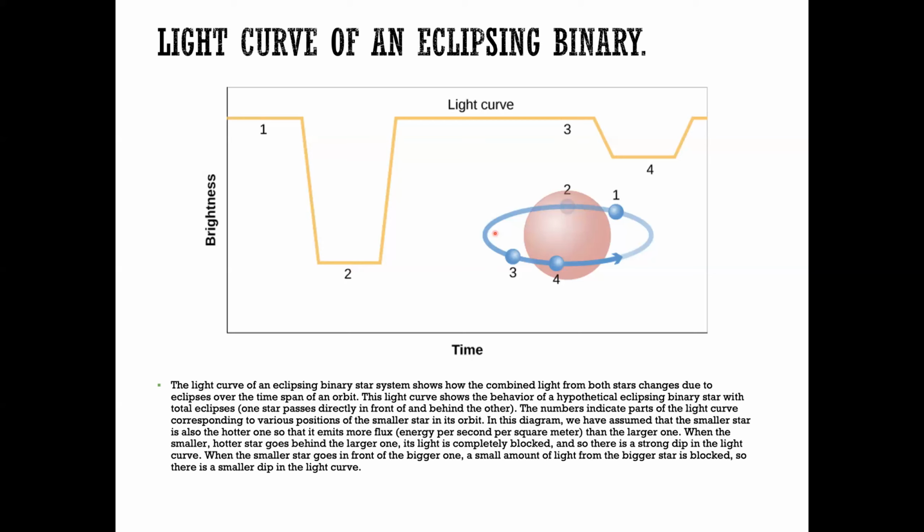And when it comes to position 3 right here, once again, you can see the light from this star plus the largest star, right? Both the stars are separated, right? One is not covered by the other one. Because of that, when you look from the Earth, you will see the total light coming from the blue star and also this red giant star, right? Which means again you will get the total amount of light.